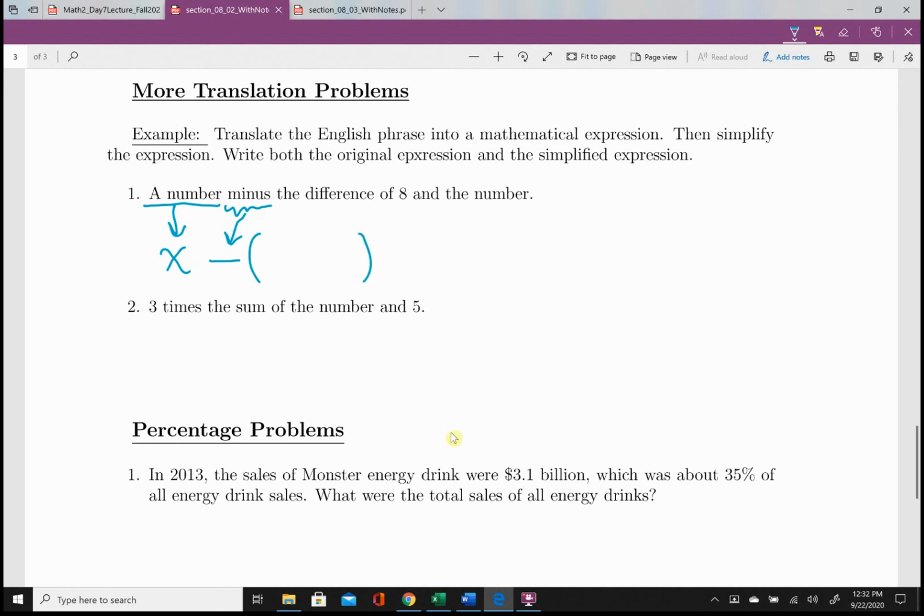So the difference is not only going to have subtraction inside, but it's also going to warrant the use of parentheses. Because there's an operation in front of this difference, we need to have parentheses encapsulating the subtraction associated with the difference, and then separating it from the minus that was mentioned beforehand.